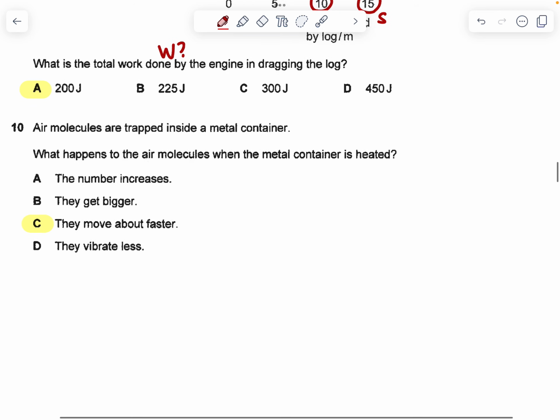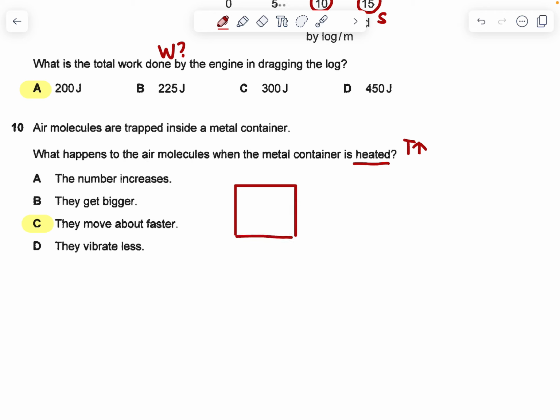Question 10. Air molecules are trapped inside a metal container. What happens to the air molecules when the metal container is heated? So when it's heated, your temperature increases. What you can do is you can draw the box, before and after heating.